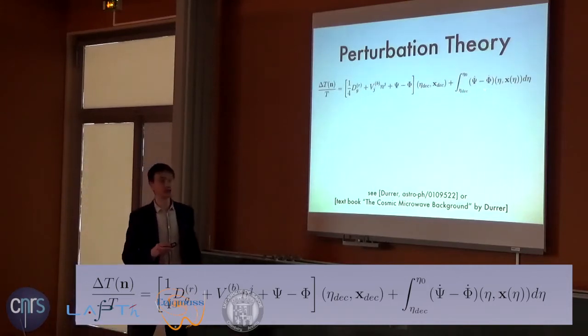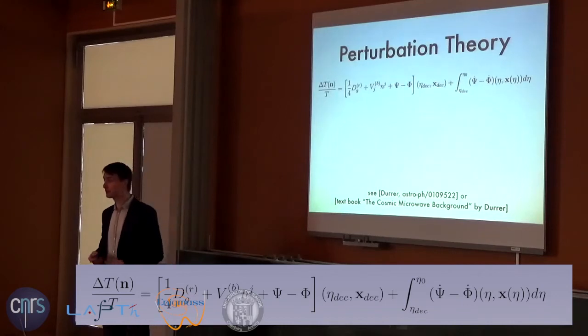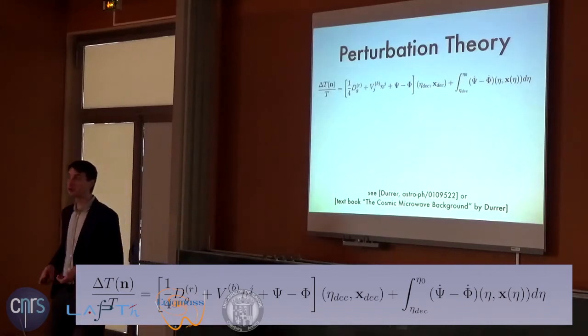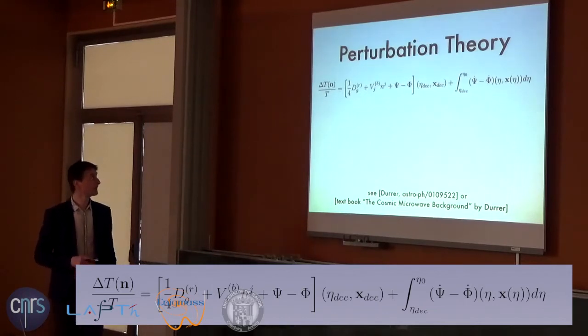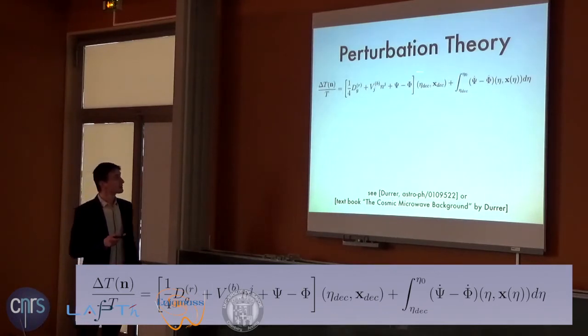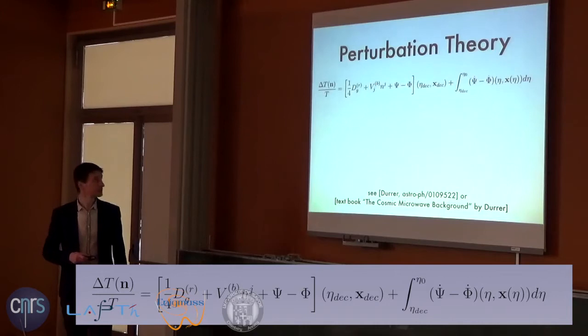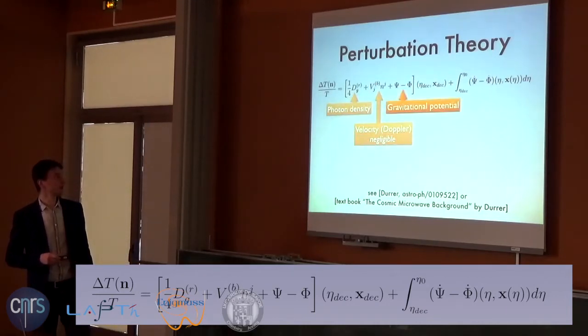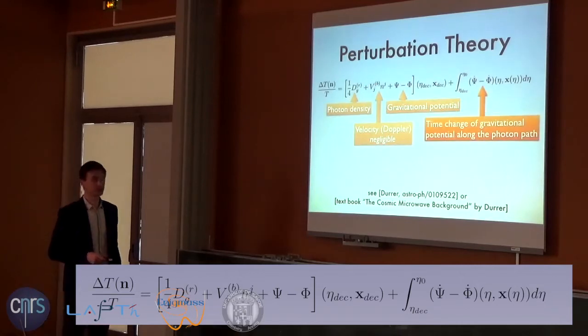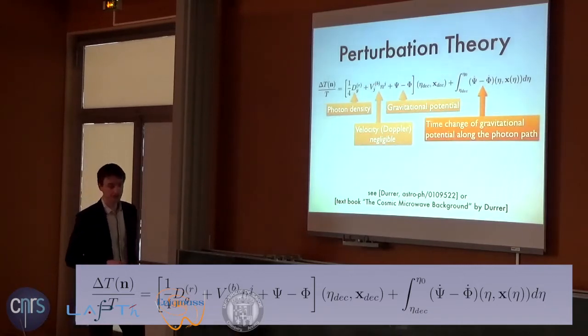However, if the potential in the meantime changes depth, becomes deeper or less deep, then the photon will lose or gain energy while traveling through that potential. So, at first order, this is the equation that describes the temperature of photons that we observe. Photon density, the velocity, which is negligible, the gravitational potential, and the time change of the gravitational potential along the photon path.